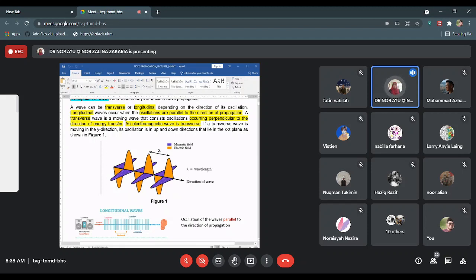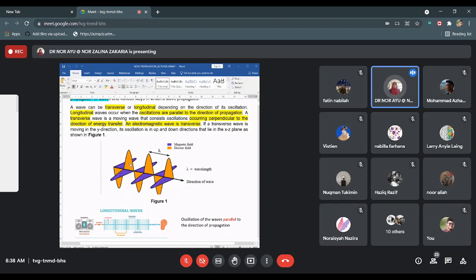Okay, so an electromagnetic wave is a transverse wave. That means it is travelling perpendicular to the direction of the wave propagation. So we can see here, this is an example of a transverse wave, our electromagnetic wave.